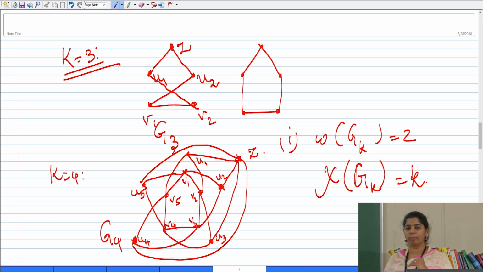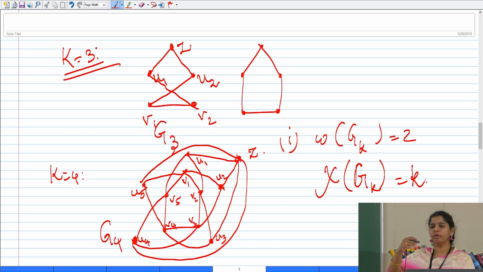Now about the chromatic number, why do you require k colors, or do you really require k colors? Can I do it with less than that? Again go by induction. Suppose I know G(k-1) requires k-1 colors, because we have seen up to k equal to 3 that we require 3 colors.